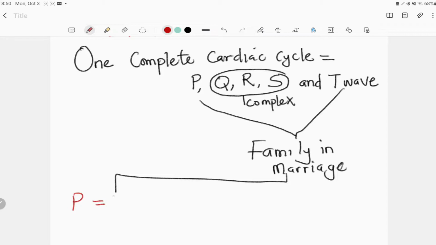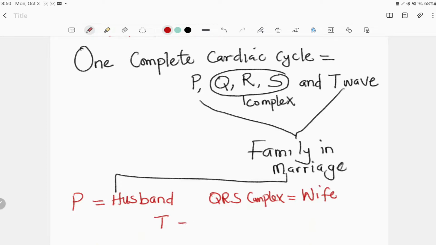The waveforms, the P wave, QRS complex and T wave, can be described as a family in a marriage institution. The P wave represents the man of the house. He was created first and is followed by a woman, which is the QRS complex. So the union of P wave and QRS complex gives birth to a child known as the T wave.